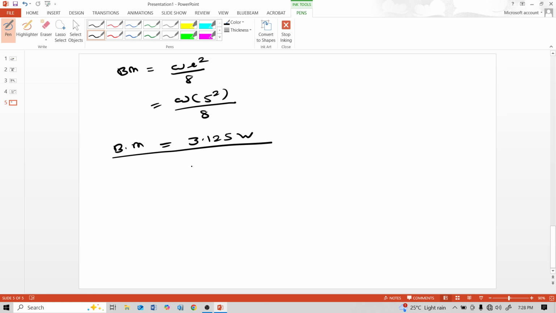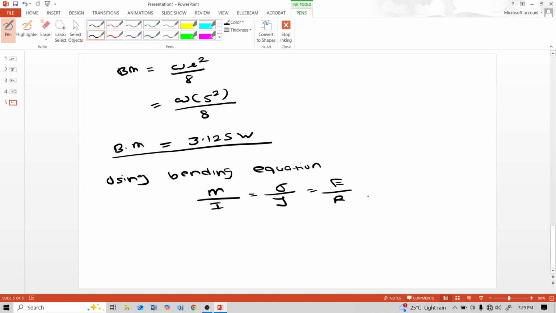Now, when we equate bending moment with moment of resistance, we have to find this W value, the uniformly distributed load value. For finding moment of resistance, use the bending equation: M by I is equal to sigma by Y is equal to E by R. In this numerical, we don't have E, modulus of elasticity, or radius of curvature.